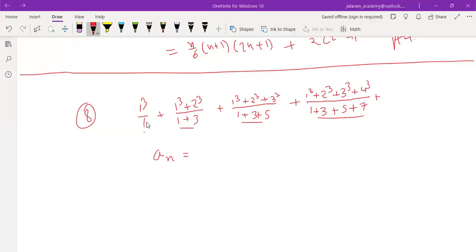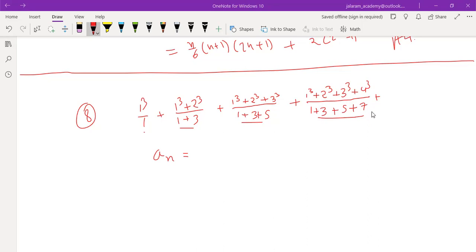So first term is 1 cube by 1. Second term is 1 cube plus 2 cube upon 1 plus 3. Third term is 1 cube plus 2 cube plus 3 cube upon 1 plus 3 plus 5. Fourth term is 1 cube plus 2 cube plus 3 cube plus 4 cube upon 1 plus 3 plus 5 plus 7. So 4 terms in the numerator and 4 terms in the denominator. So in fifth term, we have to add all the cubes till fifth term: 1 cube plus 2 cube plus 3 cube plus 4 cube plus 5 cube over 1 plus 3 plus 5 plus 7 and next is plus 9.